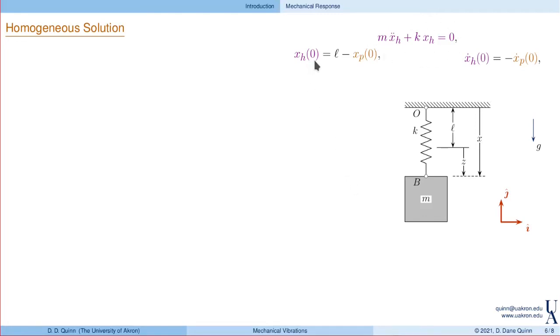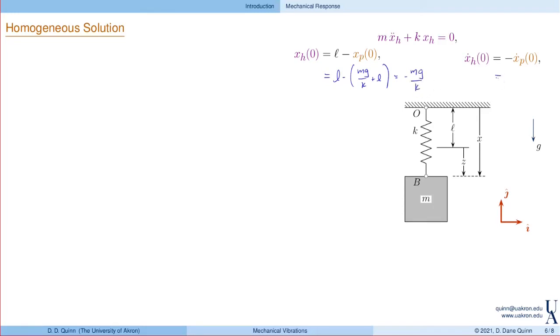And now we have the initial conditions that we found earlier. Well, for this system, the initial displacement of the homogeneous solution is L minus the initial displacement of the particular solution, which is just mg over k plus L, which actually is minus mg over k.